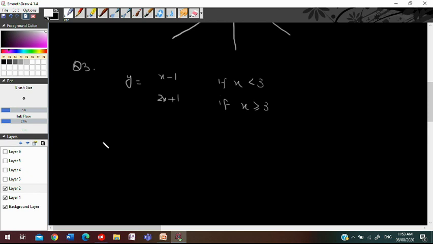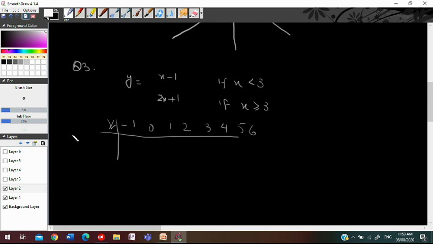Okay, now when we draw the table of this function, for x we are giving different values: minus 1, 0, 1, 2, 3, 4, 5 and 6.